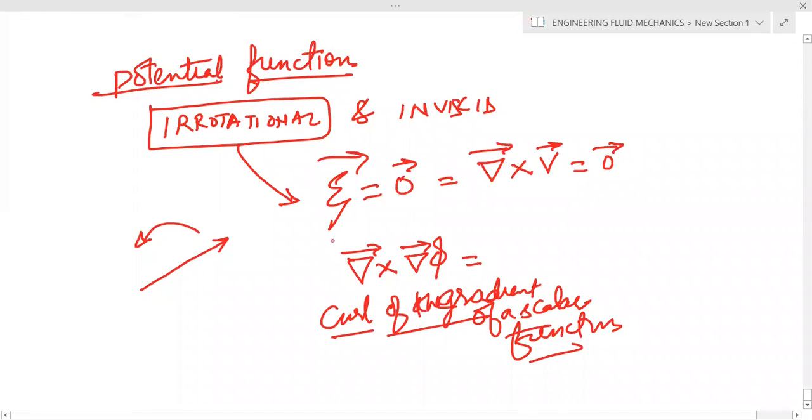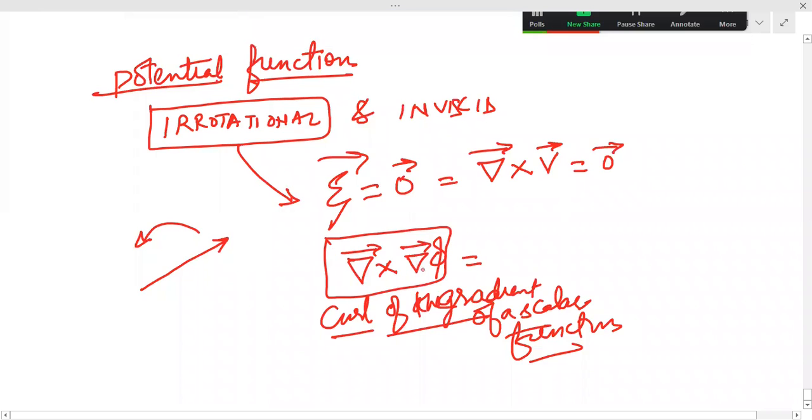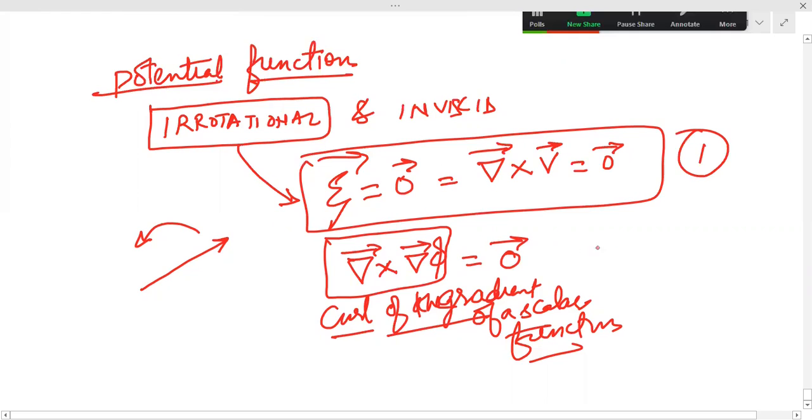So what do you think the value of the curl of the gradient of a scalar function should be equal to? Ayush. So 0. A null vector. Yes, you are correct. Now try to compare these two equations, equation number 1 and equation number 2.